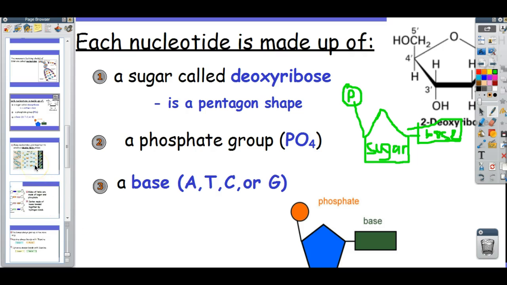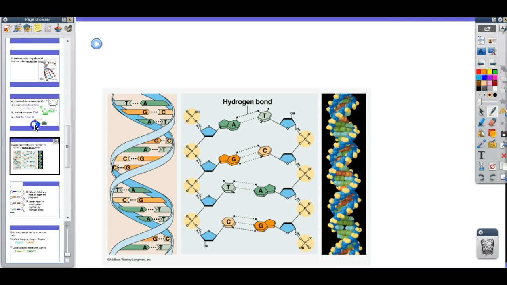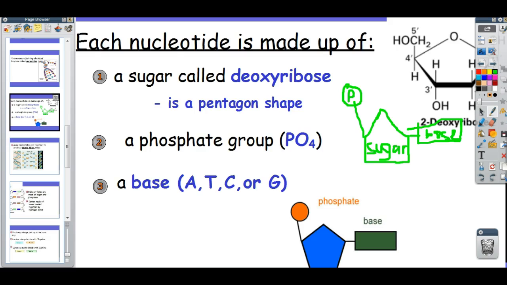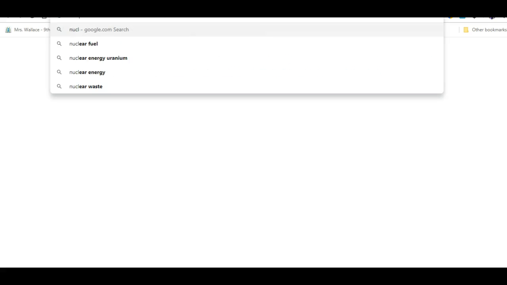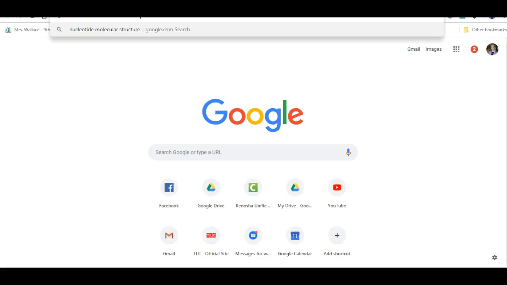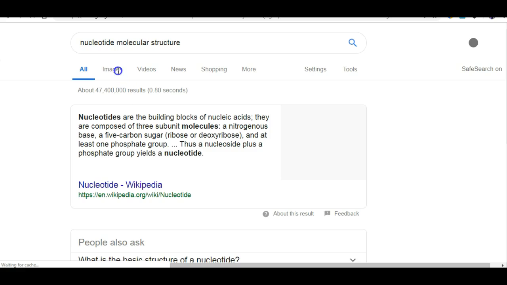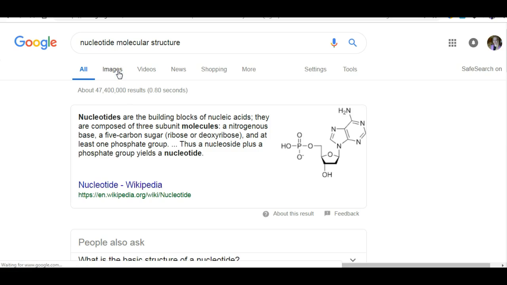Now let's look at what this nucleotide actually looks like. I'm going to Google a picture because I want you to see this. I'm going to Google nucleotide molecular structure. Because a lot of times in science, what happens is we oversimplify things, which is great for learning, but sometimes it's important to know what these actually look like.